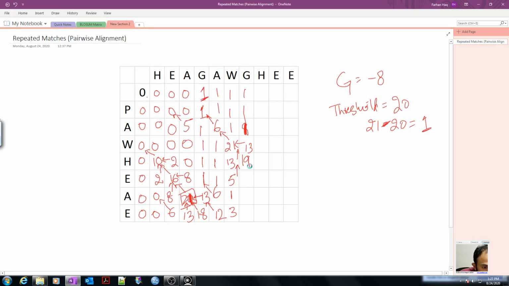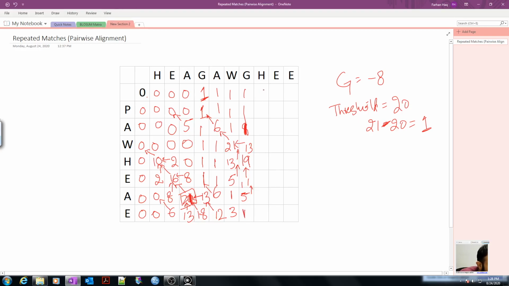So this is maximum, because if we see horizontal and vertical, the values are, sorry, not 11, 5. So 19 is bigger than 5, so we will insert 19 here. Right? Next, again, if we add the gap here, the value will be 11. Then if we again add gap here, because all the values from the other sides are negative, the last one will be the maximum value between E and G, which is 1.